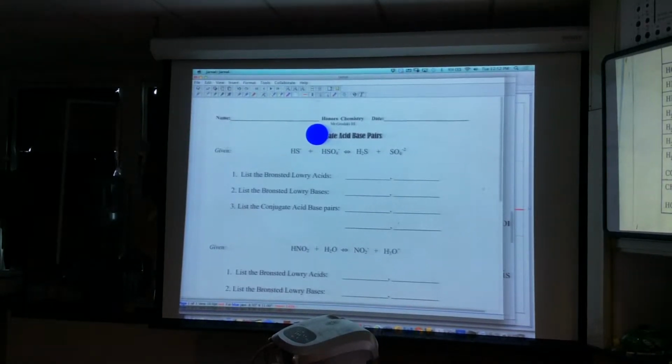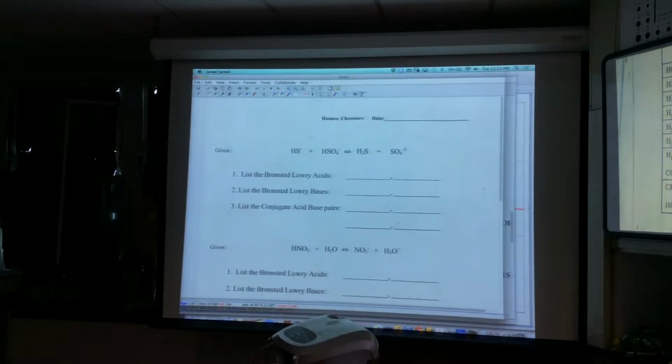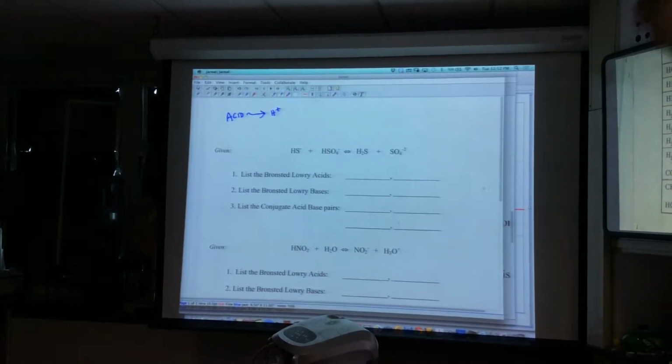The earliest definition was given by Arrhenius, and he said to be an acid, all you do is somehow increase the H plus ion concentration in water.